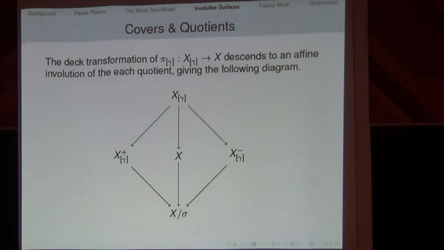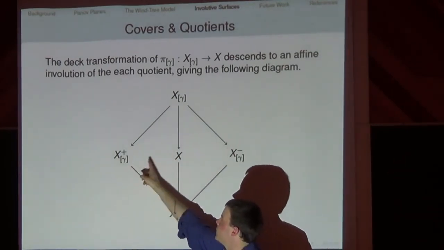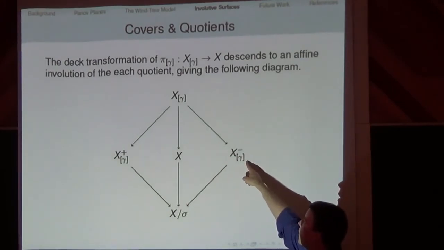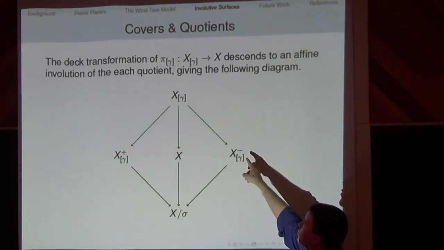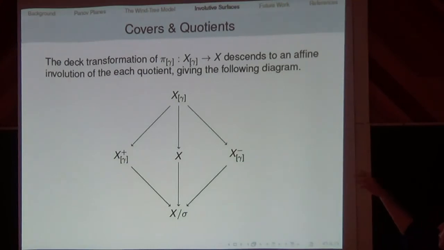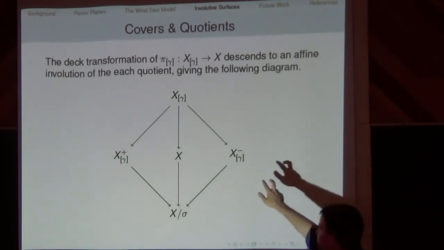Okay. So, the deck transformation on that double cover actually descends to an involution on both of these surfaces. So these are quotients by your cover modulo those 2 different involutions. Those are these 2 things right here.